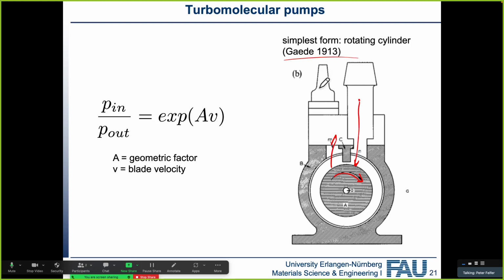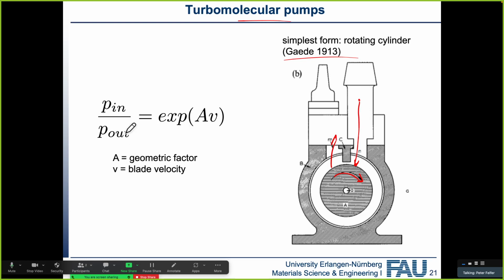You can already imagine why they're called turbomolecular pumps, because it's a molecular sorption-desorption process. And this means that they need to spin very, very fast. But because it's a sorption and desorption process, there's always a probability for desorption into the inlet.